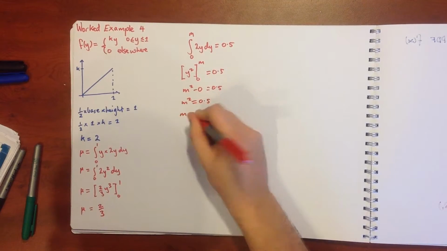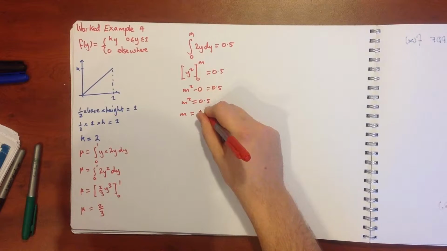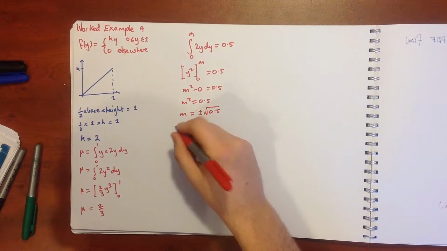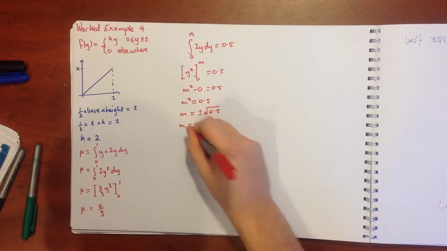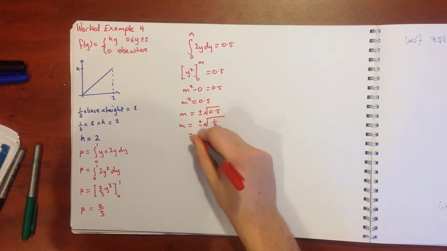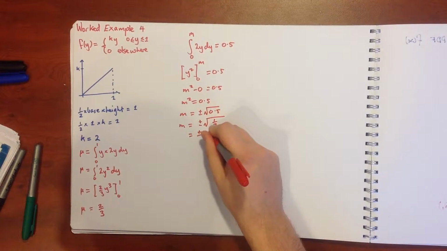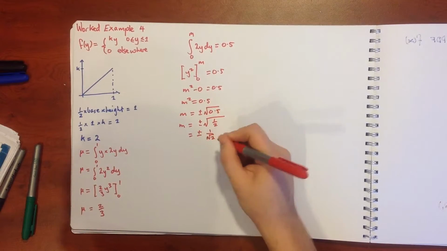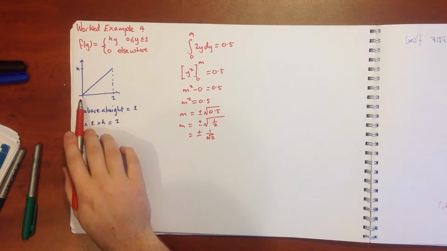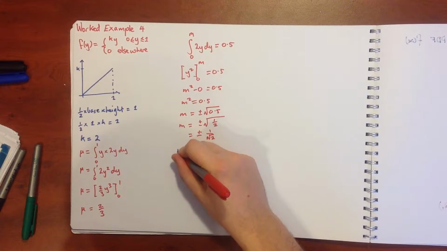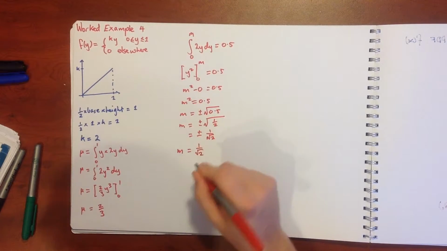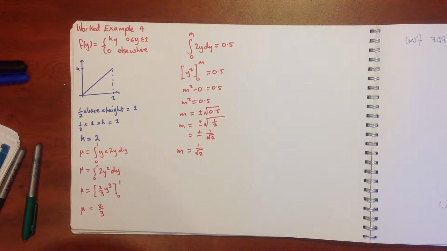So m equals plus or minus the square root of 0.5, which is plus or minus the square root of a half, which equals plus or minus 1 on root 2. If we have a look at our domain, it's from 0 to 1, so we need to ditch the negative. So m is going to equal 1 on root 2, which will be our median value.